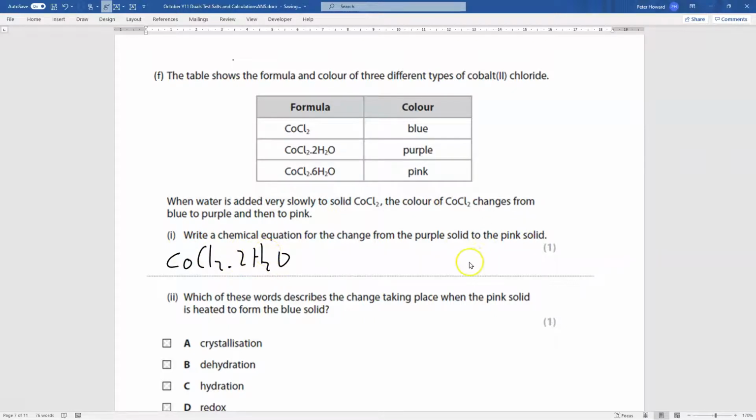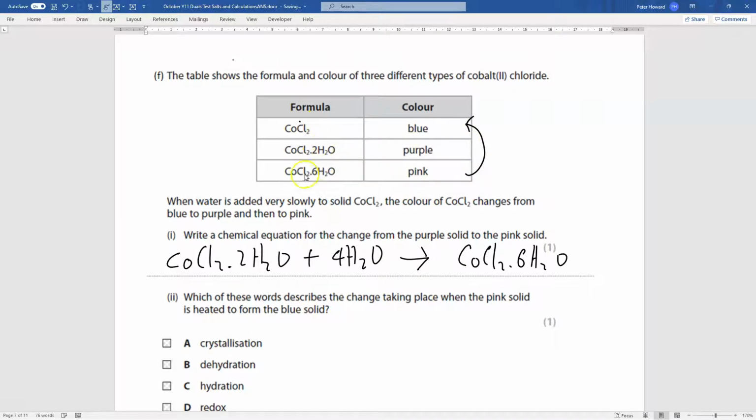It becomes a pink solid, CoCl2.6H2O. How do we go from here to here? We must react with 4 lots of water to go there. So that's our equation.